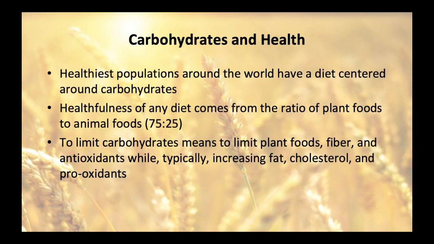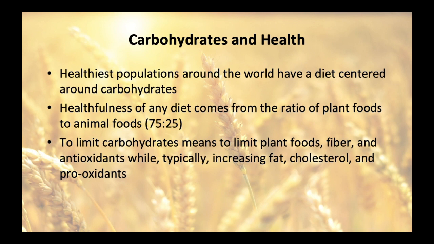The healthfulness of any diet, generally speaking, comes from the ratio of plant foods to animal foods. So this is a rough estimate, but I recommend that most people, for optimal health, have at least 75% of their food come from plants, whole plant sources like fruits, vegetables, whole grains, beans, peas, chickpeas, lentils, nuts, and seeds.